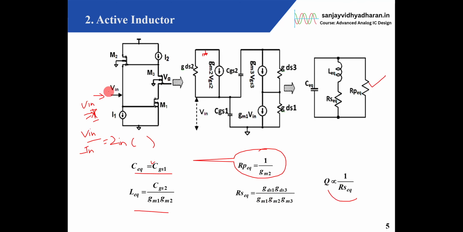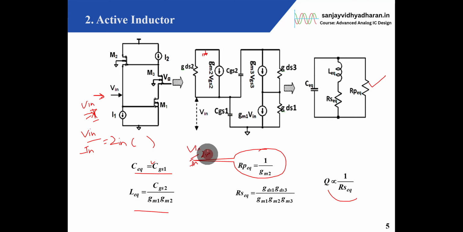So if I look from here, this circuit would act like a tank circuit. This is the equivalent tank circuit, and I just have to apply a test voltage V in, find the current equation, and then V in by I in gives Z in.